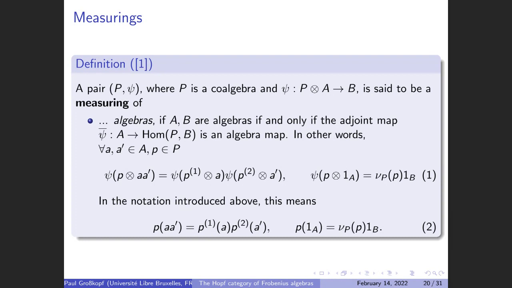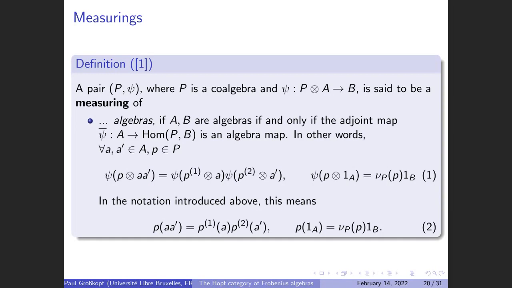Okay, so the last thing I was talking about: for all the theorems I use later, there's a wider structure to consider them in. So what is a measuring between two algebras? In that case, I start with a coalgebra P, and I have a specific map phi. This map phi starts with P tensor A and maps into B, and I put specific conditions on it.